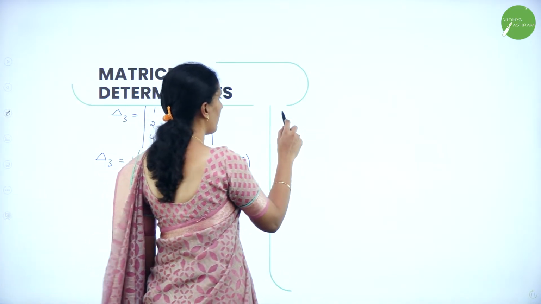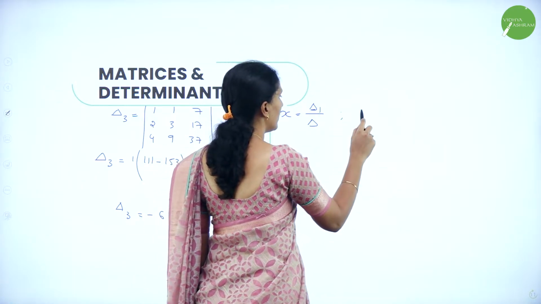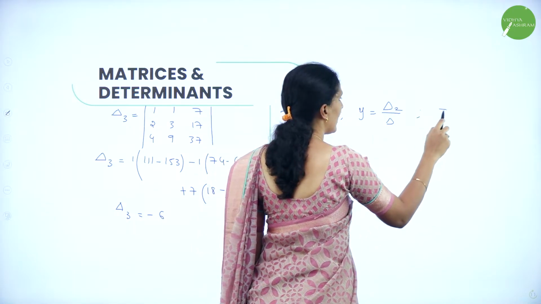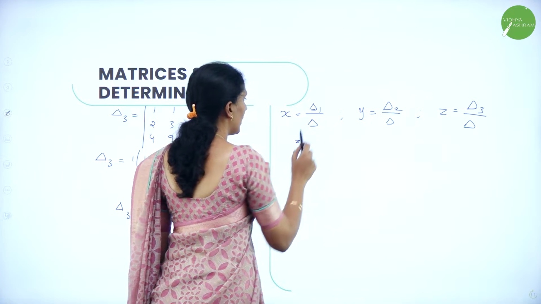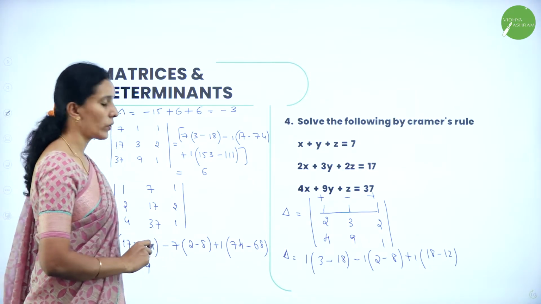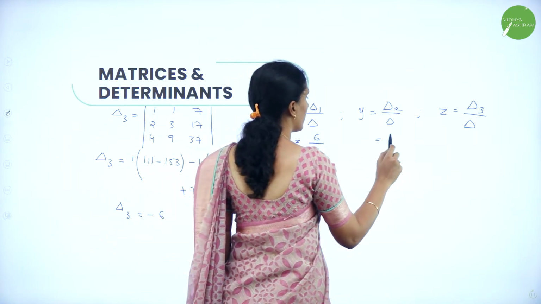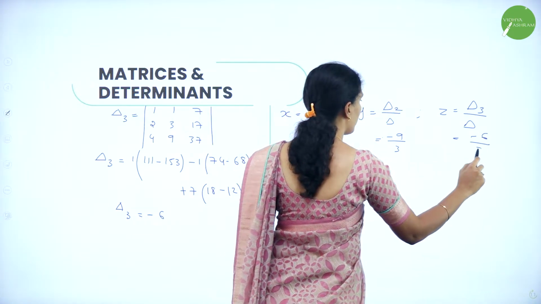Now we need to find the value of x. That can be done delta 1 by delta, y as delta 2 by delta and z as delta 3 by delta. So delta 1 is 6, delta 2 is minus 9. So 6 divided by 3, minus 9 divided by 3, minus 6 divided by 3.